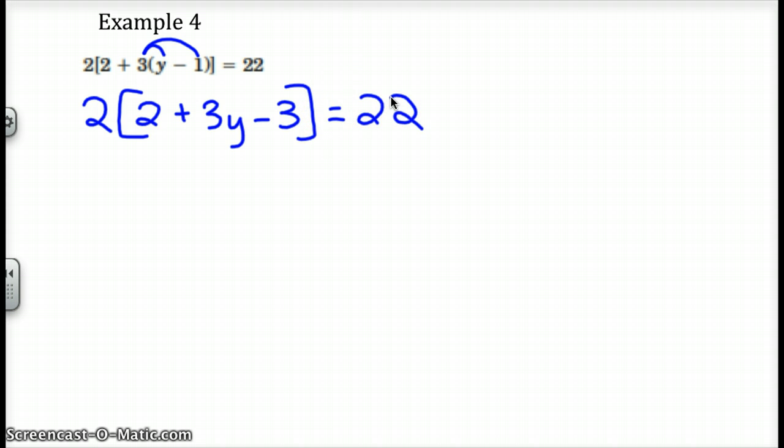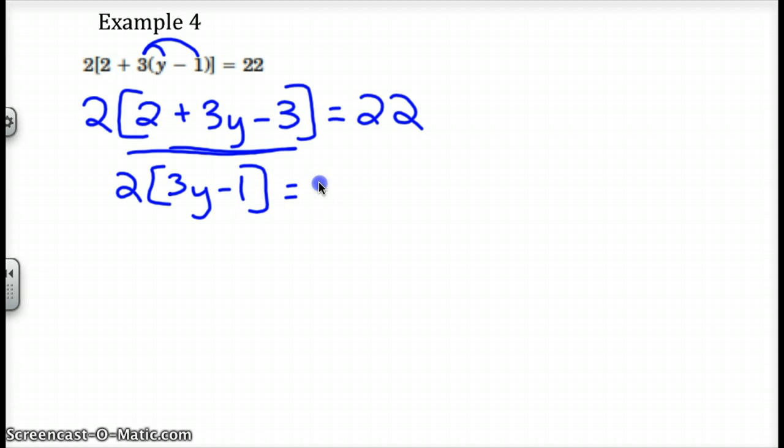Now inside of this parentheses, we want to combine like terms and simplify. So really we'll have 2 times the quantity 3y minus 1 is equal to 22. Now from here we're going to distribute the 2 through and we'll get 6y minus 2 is equal to 22.